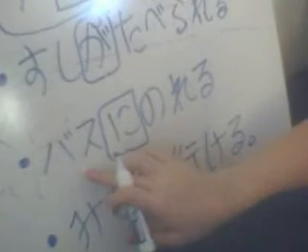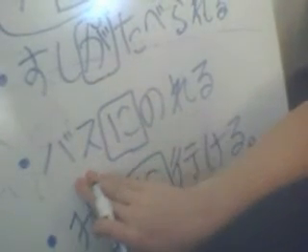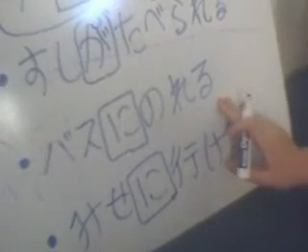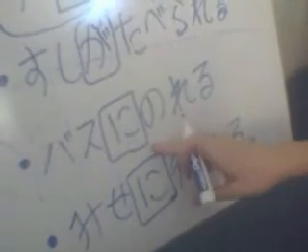So here's just some examples. Basu, this is basu in katakana. Basu ni noreru. So this is an exception. I can ride the bus.